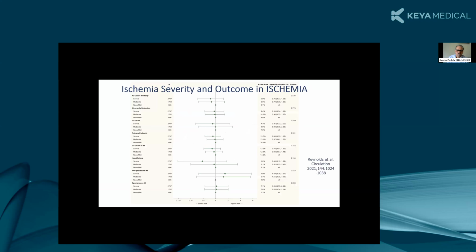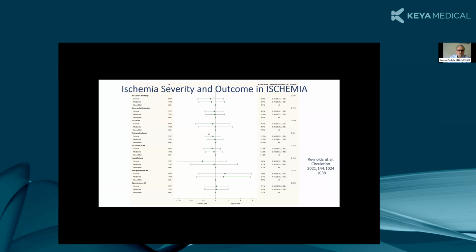At the same time, we also have to keep in mind that ischemia has lost significance for prognosis. The ISCHEMIA trial nicely showed higher risk versus lower risk according to whether you had moderate to severe ischemia versus none or mild.